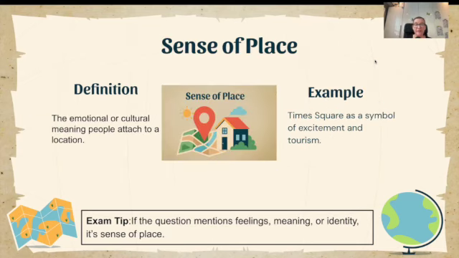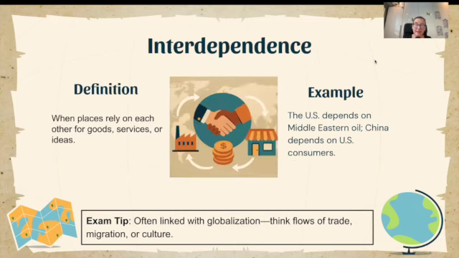Sense of place. The definition is the emotional or cultural meaning people attach to a location. So Times Square is a symbol of excitement and tourism. If a question mentions feelings, meanings, or identity, it's talking about sense of place. Interdependence. The definition, when places rely on each other for goods, services, or ideas. For example, the US depends on Middle Eastern oil, China depends on US consumers.